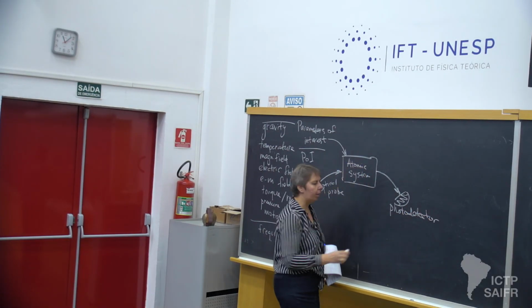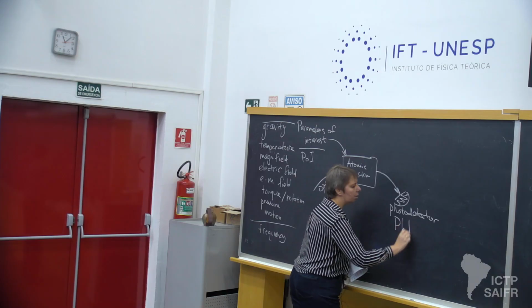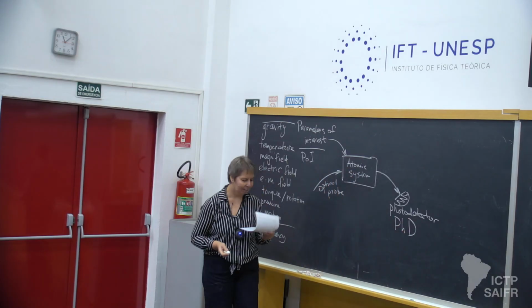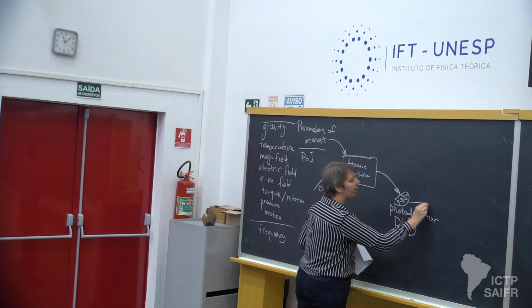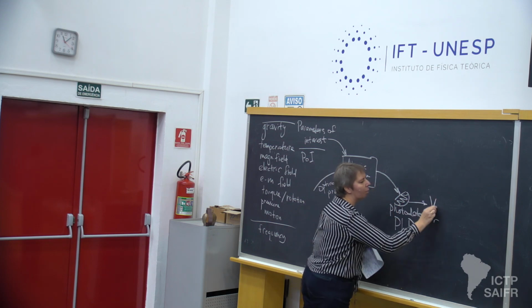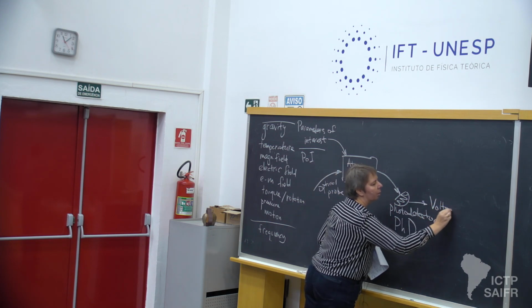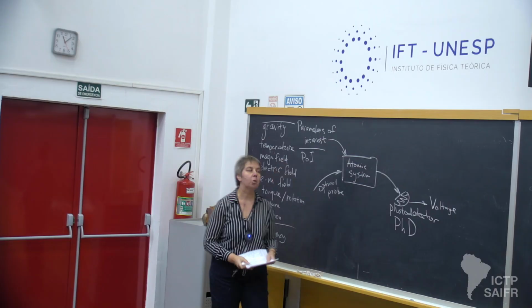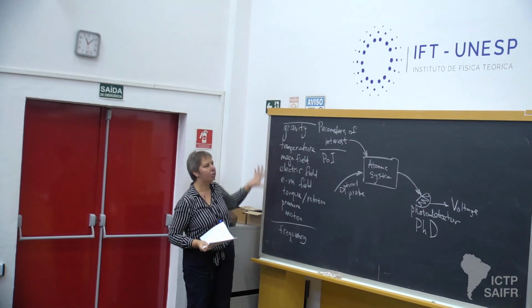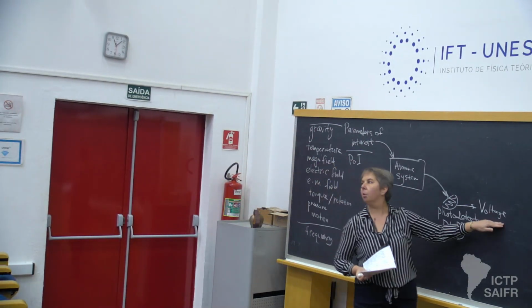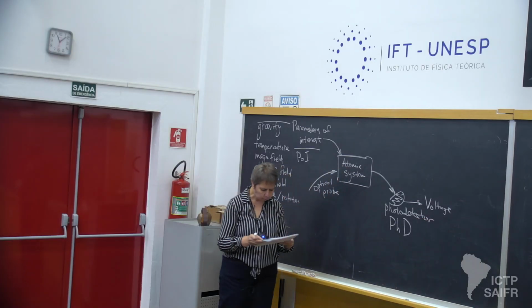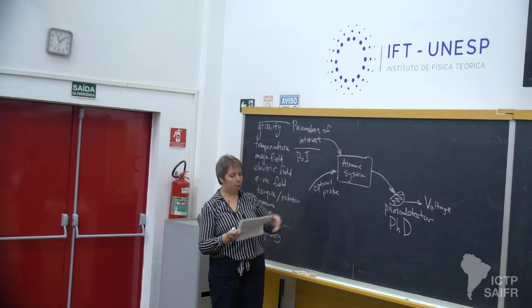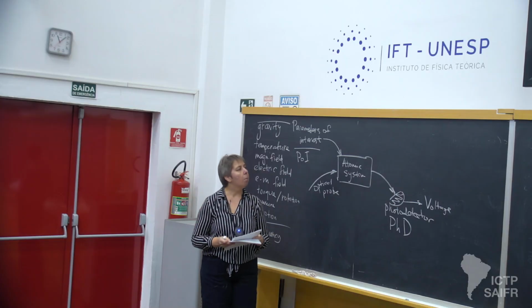My favorite abbreviation for the photodetector is this. And then usually what you get at the output, what goes to your computer, is voltage. So we need to somehow connect changes in the parameter to the ultimate voltage you're going to record. How can we do that? We'll talk about that.